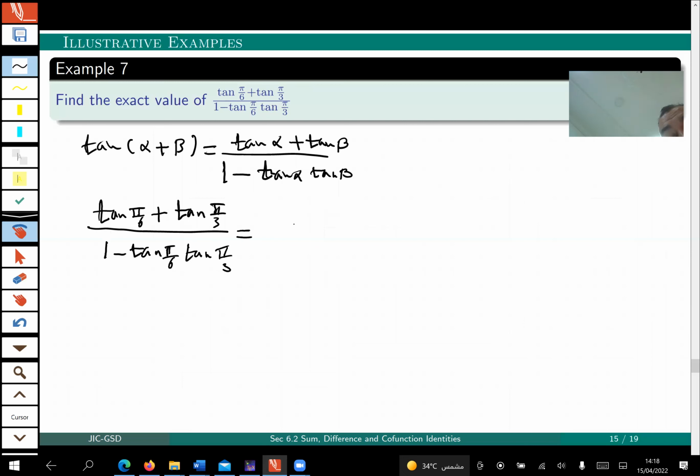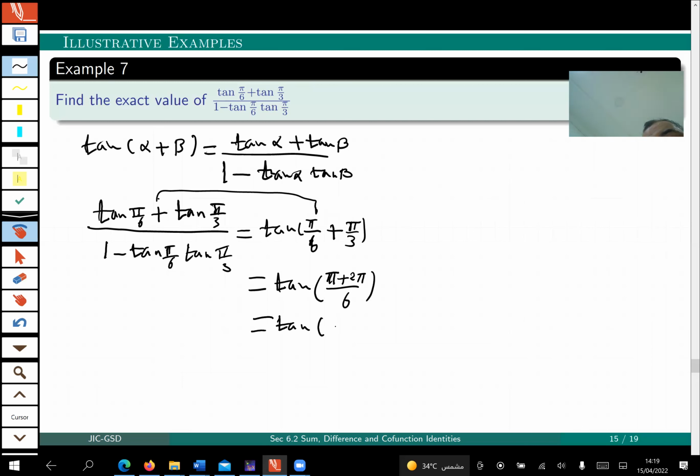It will be tan of the sum; the first angle is pi over 6, the second is pi over 3. To make 3 over 6, we multiply pi over 3 by 2. So that will be 3 pi over 6, which is pi over 2.